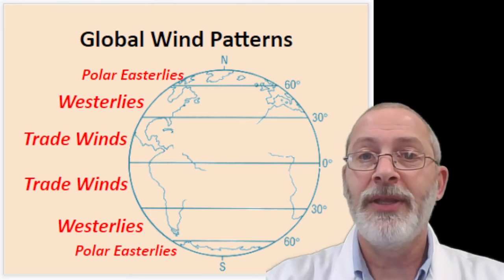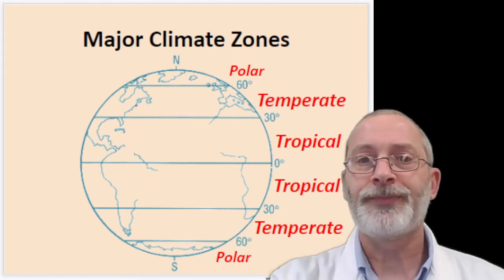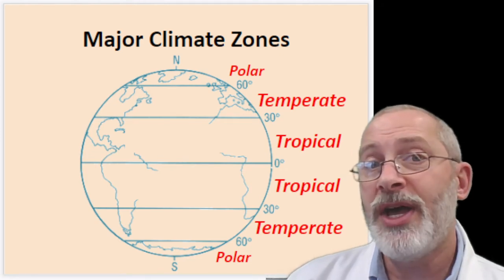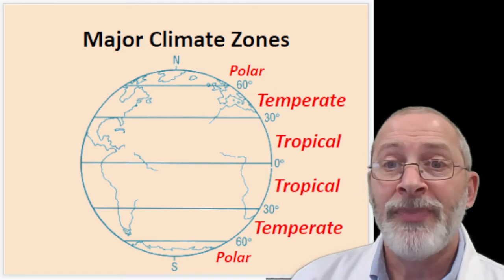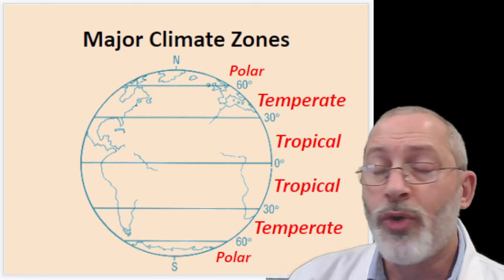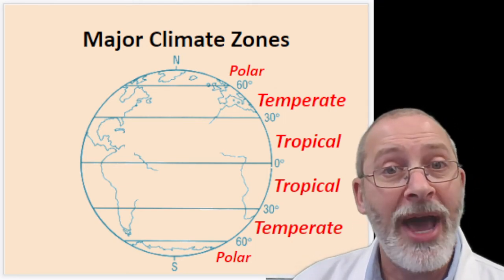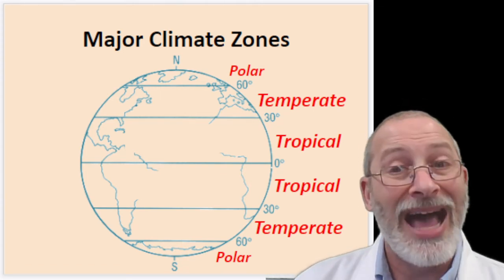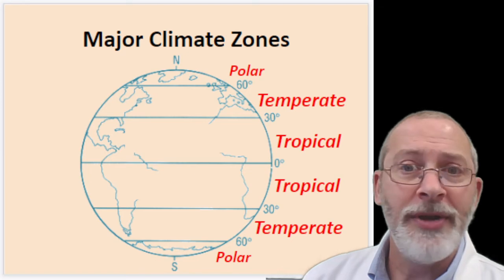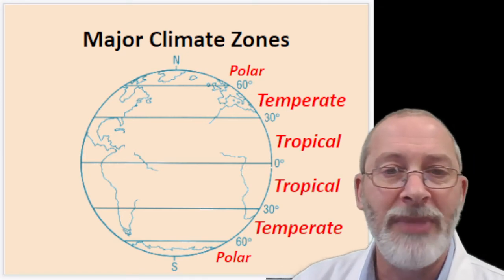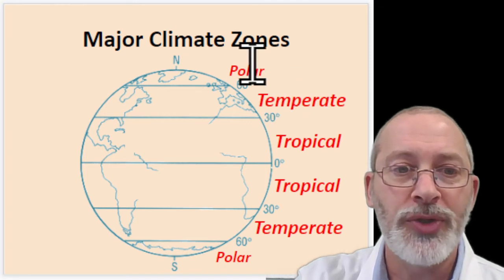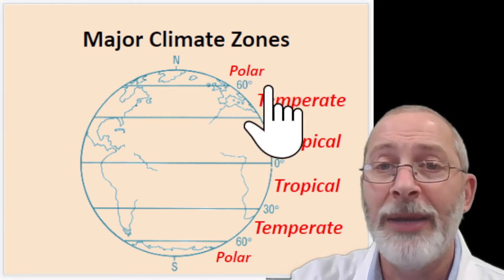But let's pick this up a little bit more. The major climate zones. Because of the impact that the Coriolis effect has on wind patterns, and wind patterns affect precipitation, and the latitudes affect temperature, how does this all tie into the major climate zones? Well, towards the poles, we have the polar climate zones.